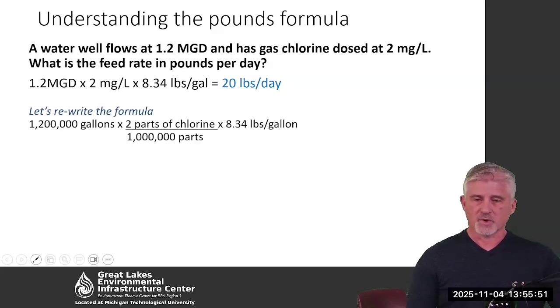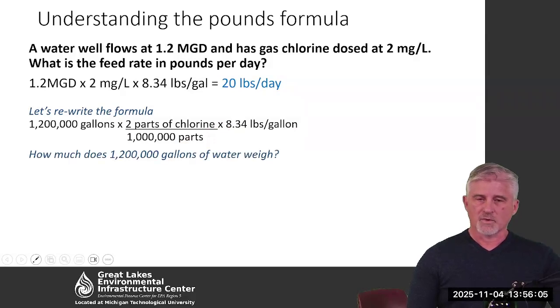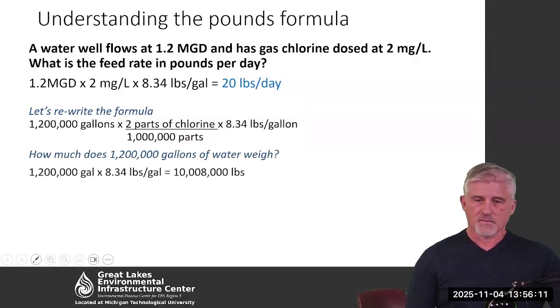So we can rewrite the formula as 1,200,000 gallons times 2 parts of chlorine per million parts times 8.34 pounds per gallon. So what does 1.2 million gallons of water weigh? We take our gallons, we multiply by 8.34 pounds per gallon.